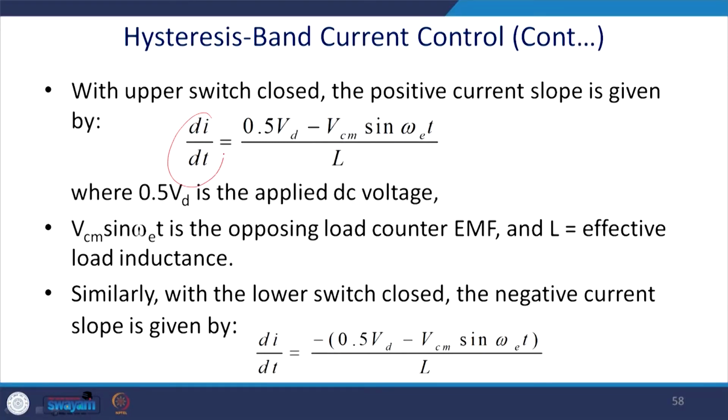So, L di/dt equals 0.5 Vd minus Vm sin omega t, where 0.5 Vd is the applied voltage and Vm sin omega t is the opposing counter EMF, the PCC voltage, and L is the inductor you have connected. Similarly, when the lower switch is closed, the current slope will be negative: minus 0.5 Vd minus Vm sin omega t, divided by L.